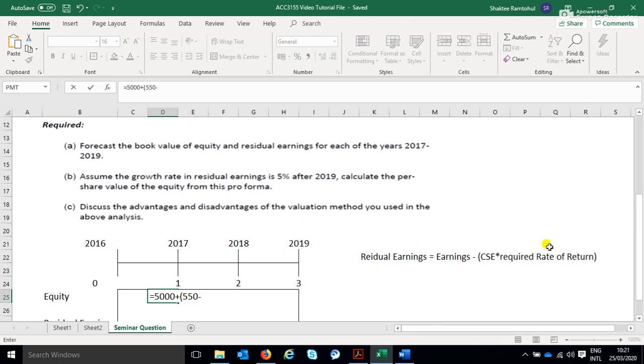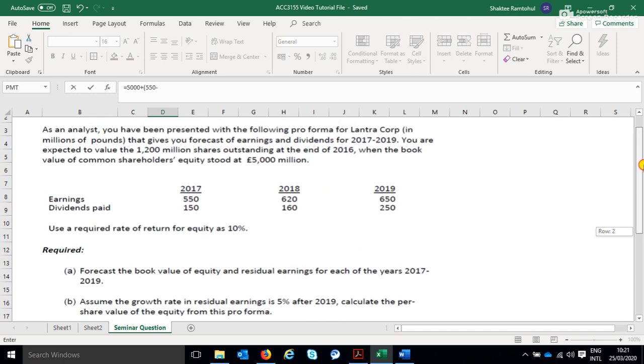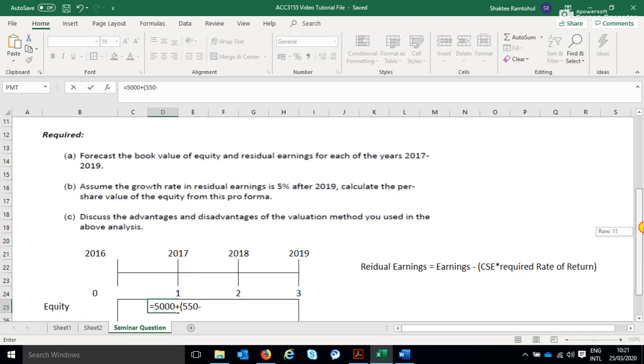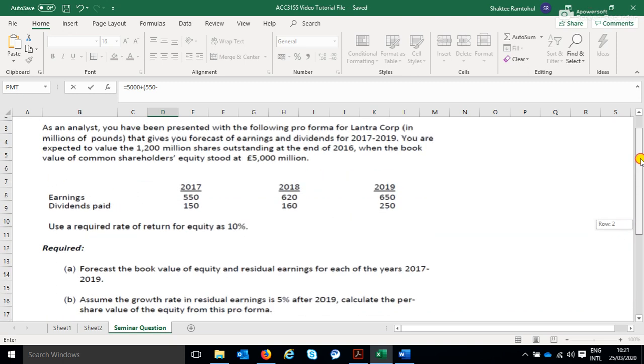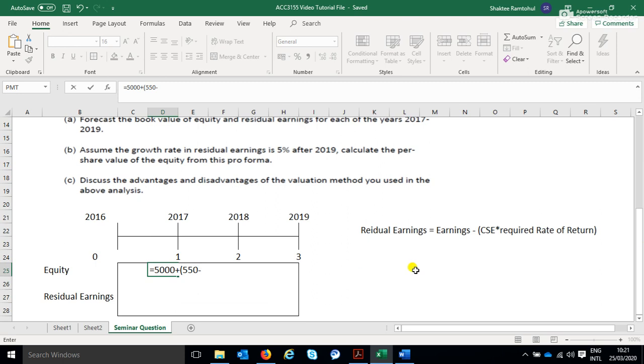But we are also told that based on the earnings, we pay dividends. You would have learned that we pay any dividend from whatever earnings we achieved. So minus the dividend payment, which amounts to 150. That gives us an equity figure of 5,400. Of course, everything is in millions, but let's keep it simple.